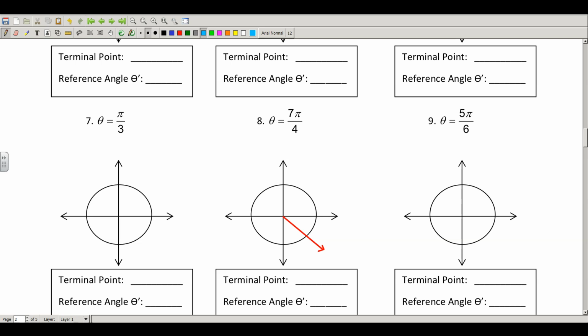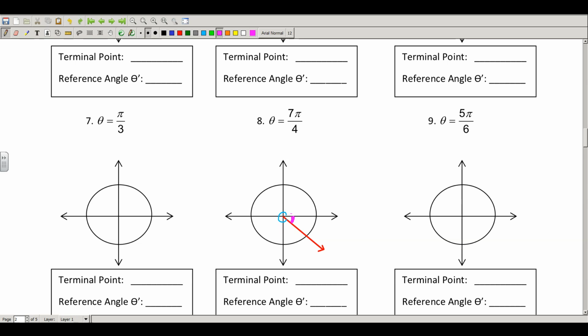So 7/4 pi is from here to here. What's the reference angle of that? Well, that's just going to be this little gap right here. If we keep our angle in radians, we would say, I've gone 7/4 pi from here to here.